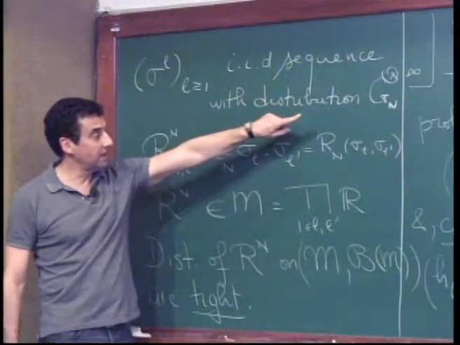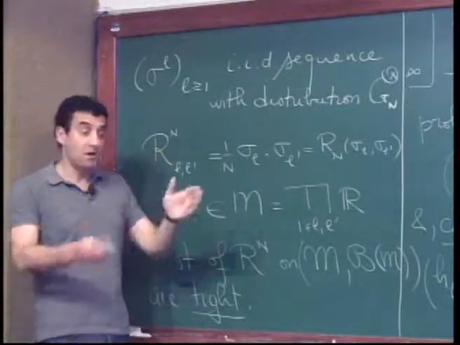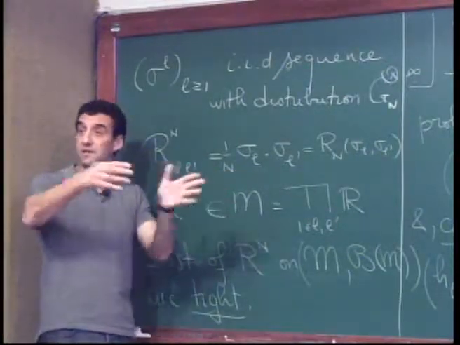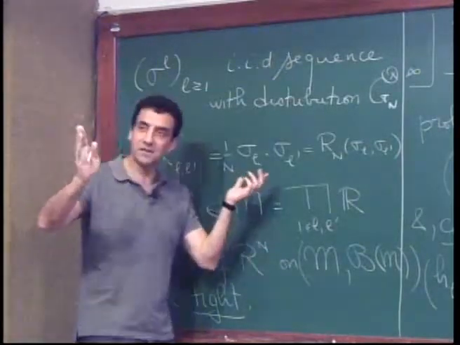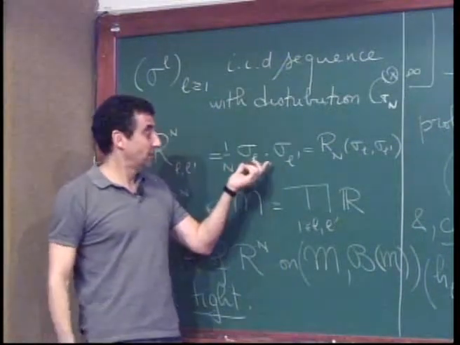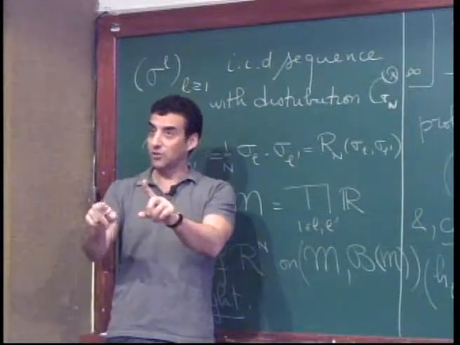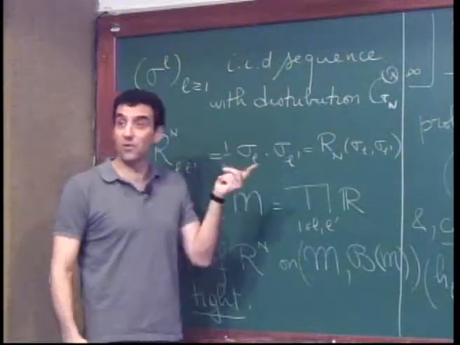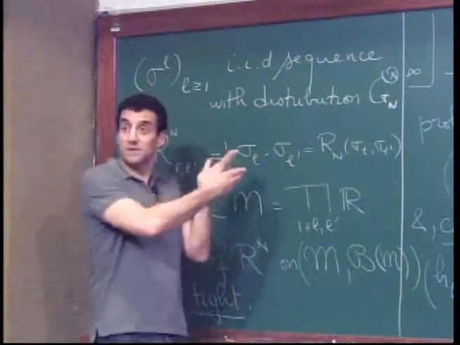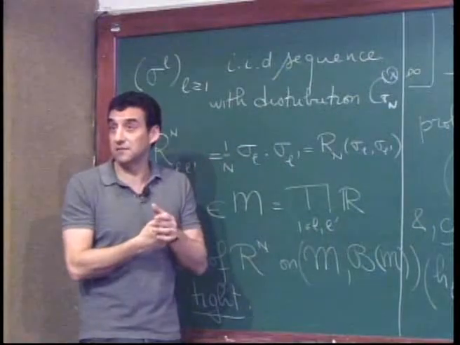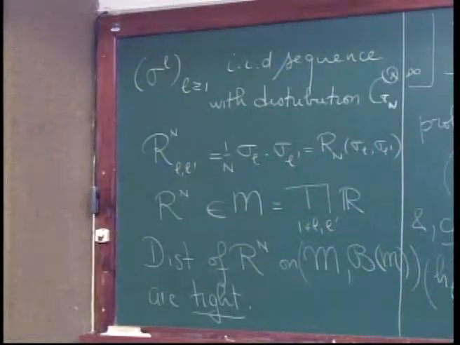Here, I have an IID sequence of things under a given measure. If I take a permutation of a finite number of indexes, the first 17, it stays IID. What I meant was not about sites. It's just that this is an inner product, a function of these two variables, right? So I cannot permute the ℓ's in one way and the ℓ primes in another way. If I just do the same permutation for the two, of course, I'm just using the fact that it stays IID. I'm sorry, you're perfectly right. That was wrong.